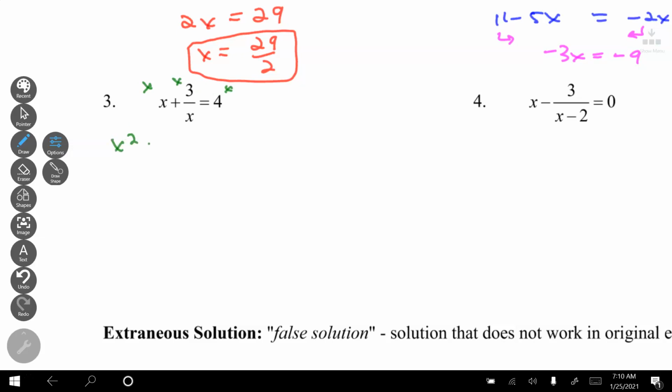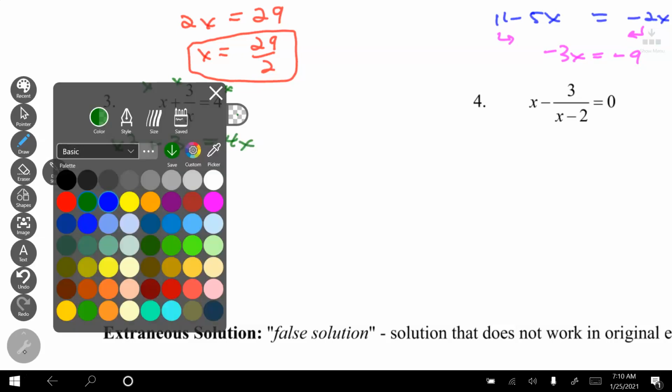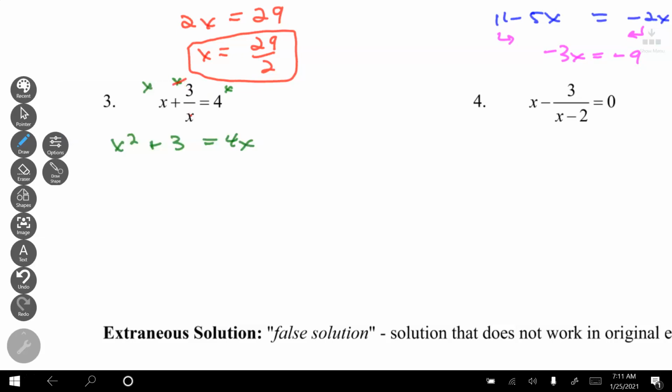I get x squared plus 3 is equal to 4x because these x's cancel. This is a quadratic. There's an x squared. We always set them equal to 0, and we factor to solve.